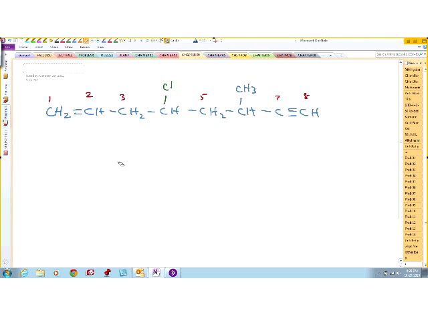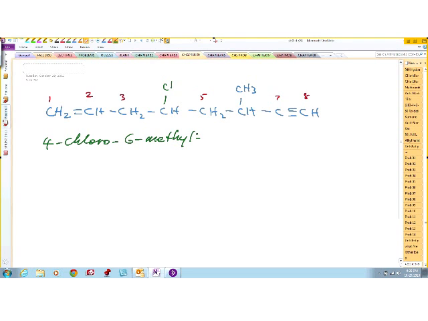So now, what would be the name? 4-chloro, alphabetized in order. Okay, very good. 4-chloro, 6-methyl.